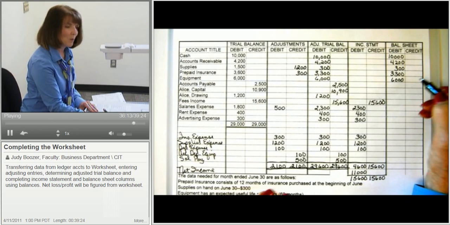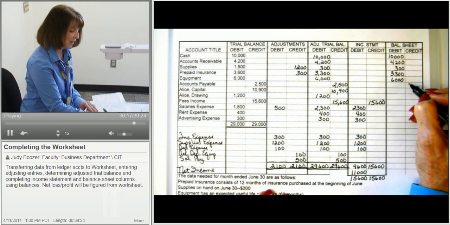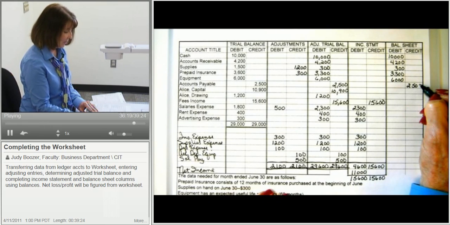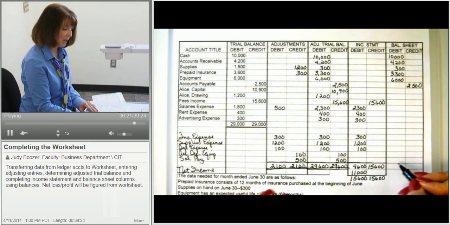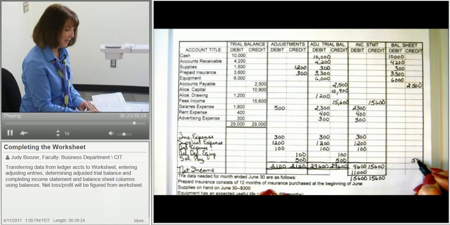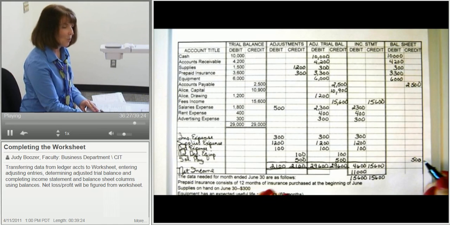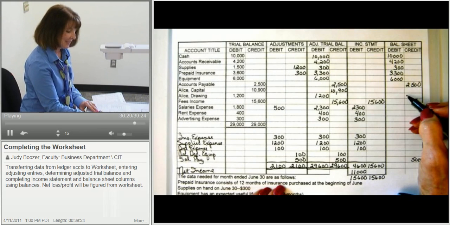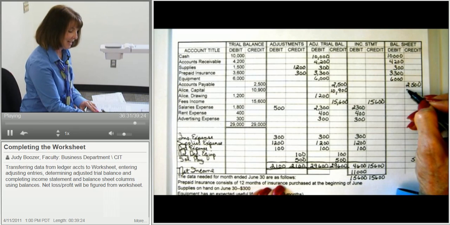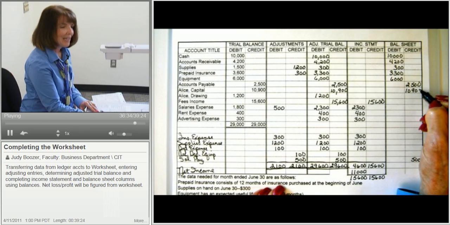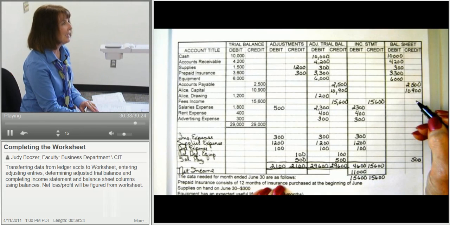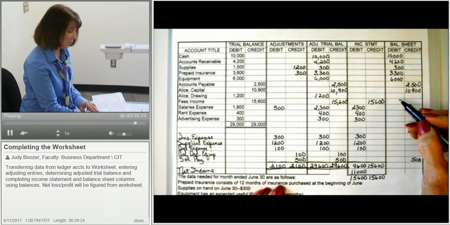We also want to include liabilities, accounts payable, 2,500. And down here, salaries payable of how much? 500. Good. Now, we also want to include that capital amount, 10,900. And impacted by withdrawals or drawing of how much? 1,200.